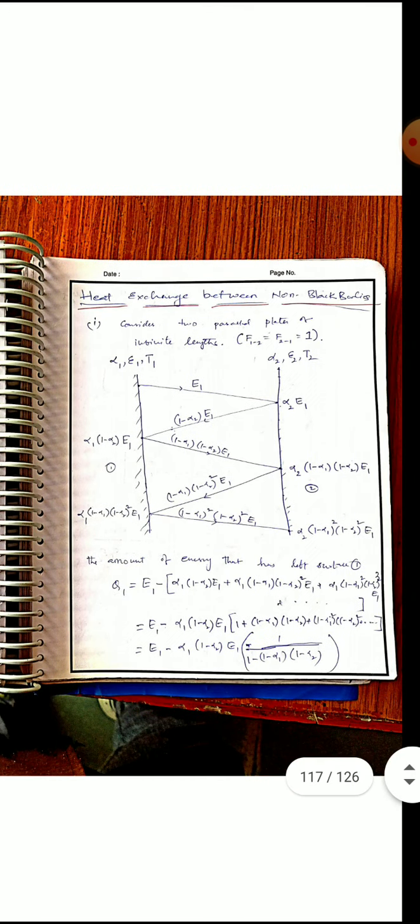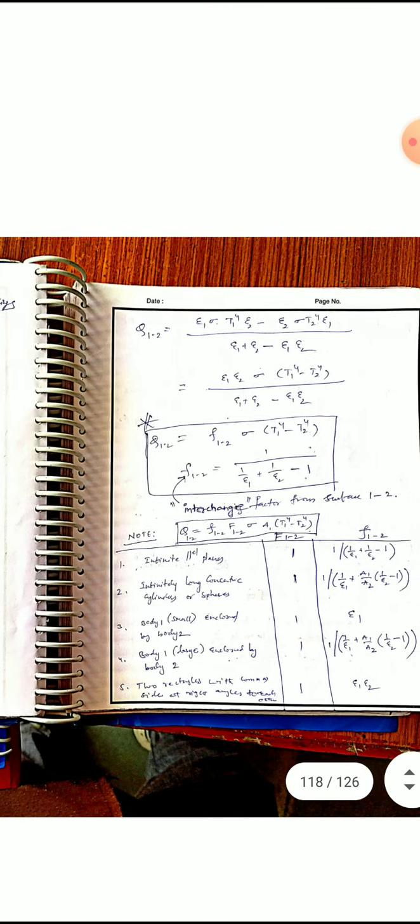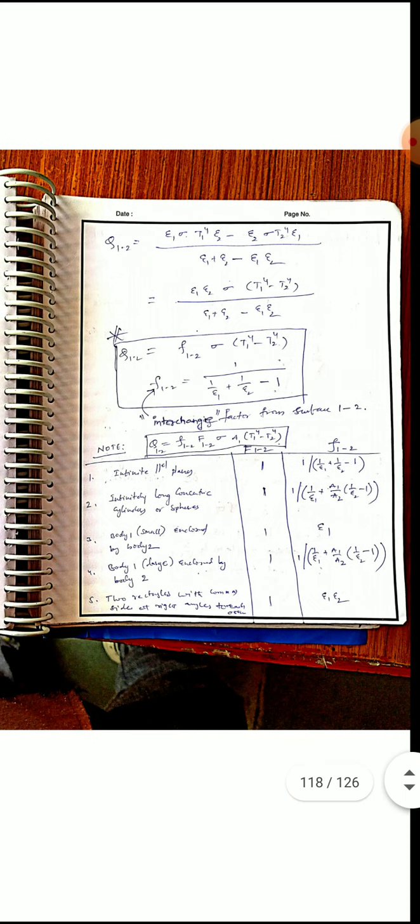Similarly we have the heat exchange between non-black bodies. In the same way we have two different bodies with different emissivities, absorptivities, and temperatures T1 and T2, and we have a final relation. Q12 is equal to F12 sigma (T1 power 4 minus T2 power 4), where F12 is the interchange factor from surface 1 to 2. Finally Q12 is capital F12 sigma A1 (T1 power 4 minus T2 power 4).